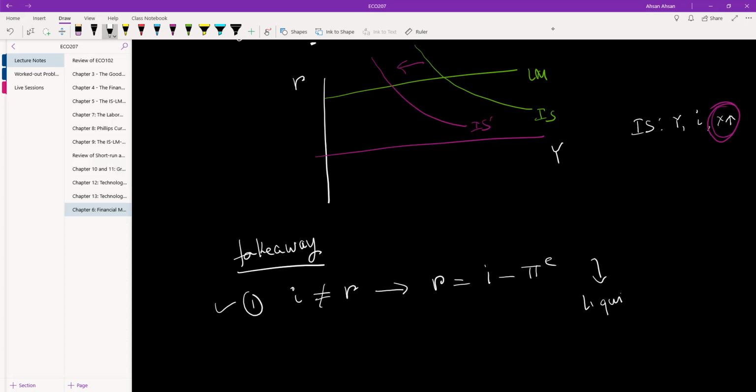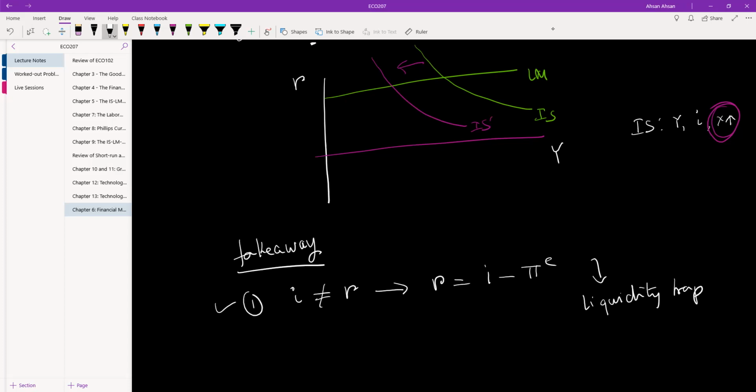that the liquidity trap is actually a bit more complicated than we had seen in chapter 5. There are more numerous cases in which the liquidity trap may become a problem. In chapter 5, we only thought that the main problem was that the nominal interest rate could not go below 0%, and that was the main problem, which is of course still a problem.